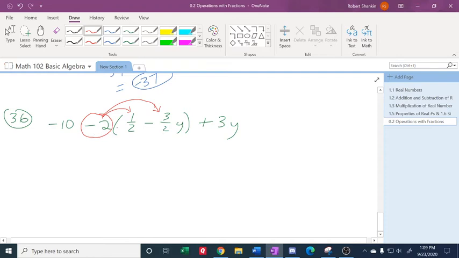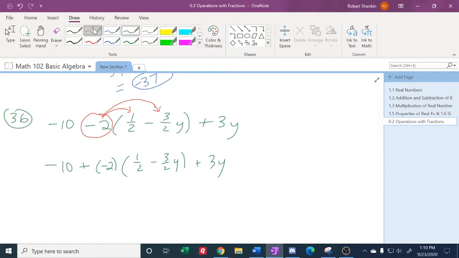How come the minus sign goes with the 2? Let me show you. Remember, negative or subtraction can also be the same as plus and negative. So when you see it as plus the opposite, then it's really clear that the negative sign and the 2 have to get distributed to everything.